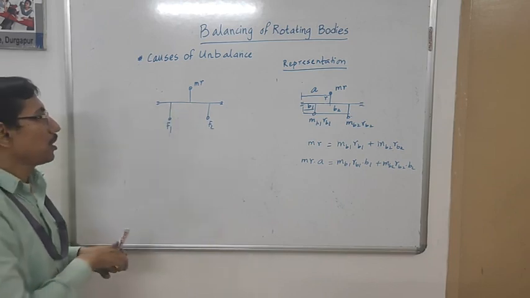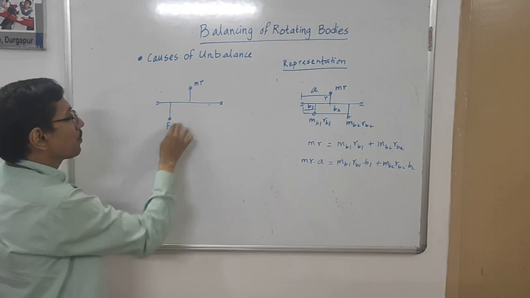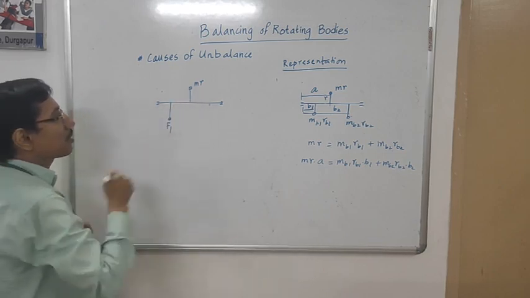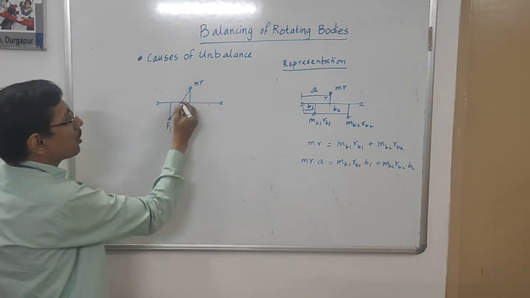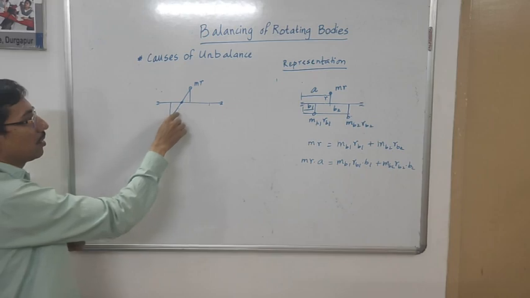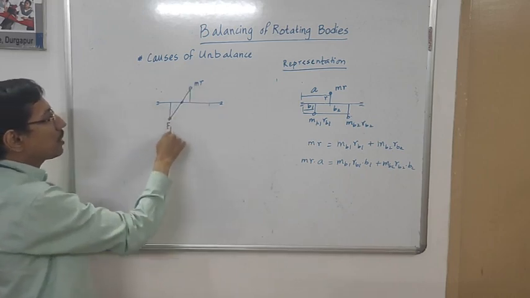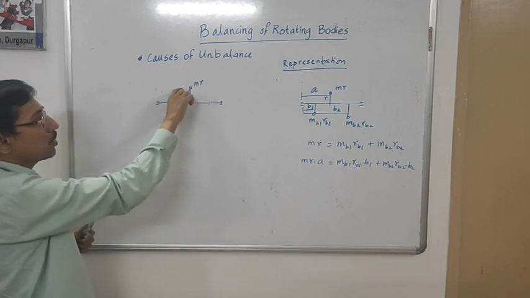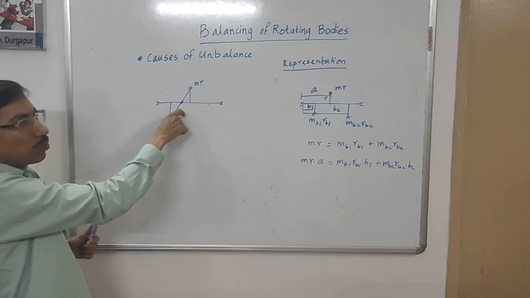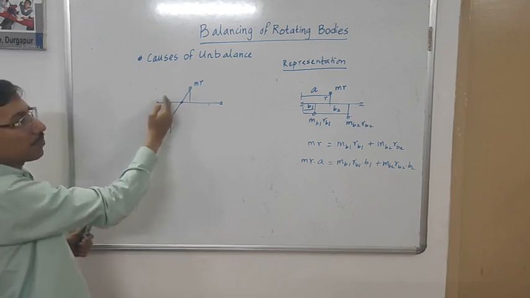But if we do not add this, and if these two are equal, then also we can find that it is statically balanced because the center of gravity lies on this point. But when it is rotating, these two forces appear and they would constitute a couple because these two are equal in magnitude, opposite in direction, only separated by a finite distance.